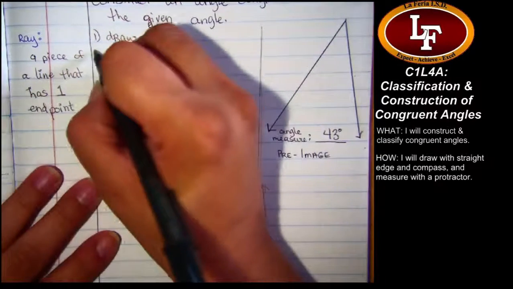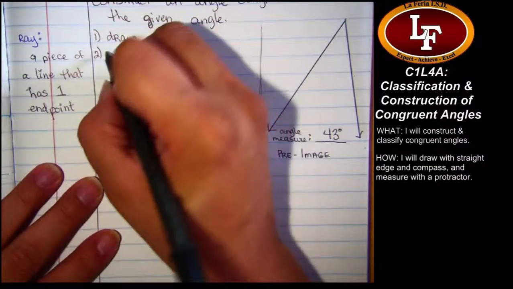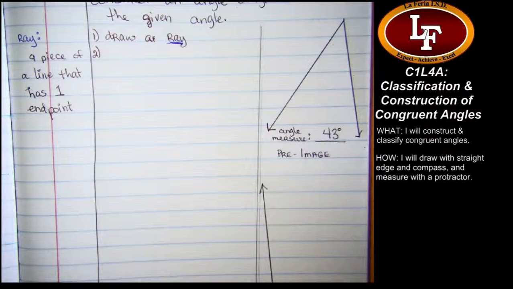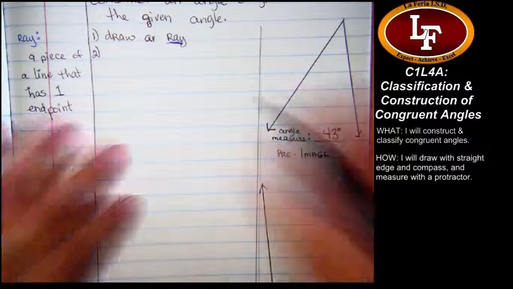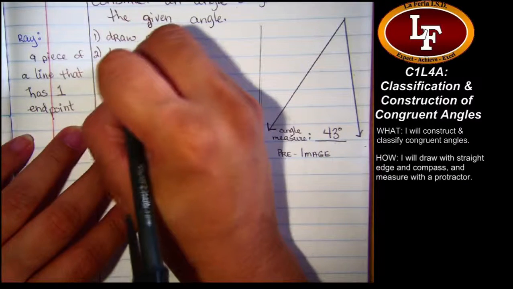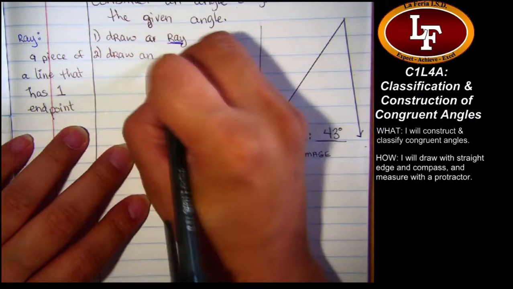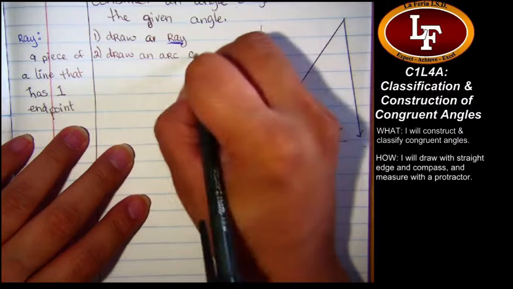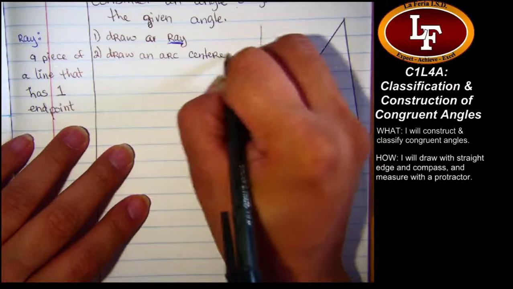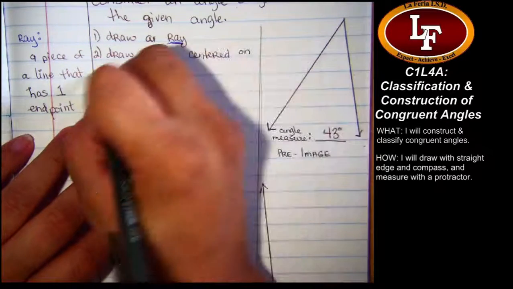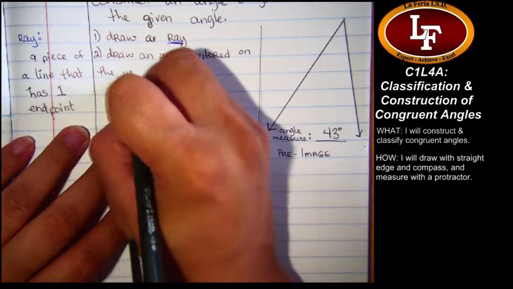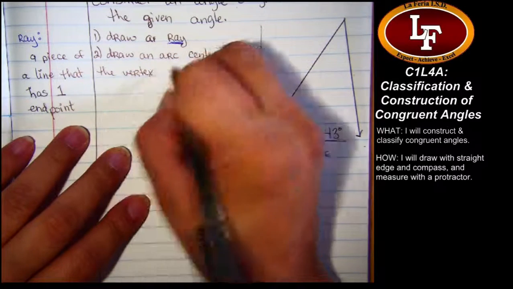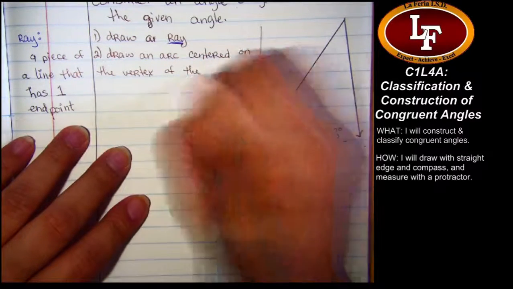All right, step number 2. I'm going to grab the notes from another class to make sure I have it. Step number 2 is draw an arc, but make sure, please, that that arc is centered on the vertex of the pre-image.